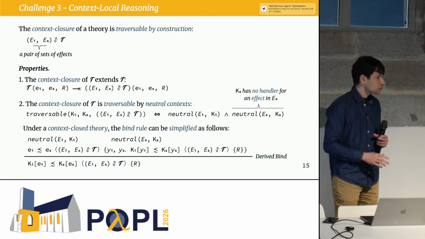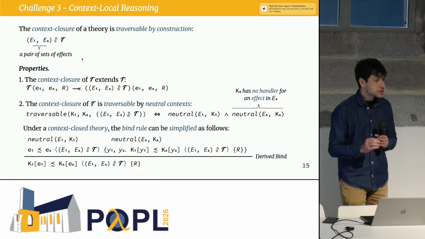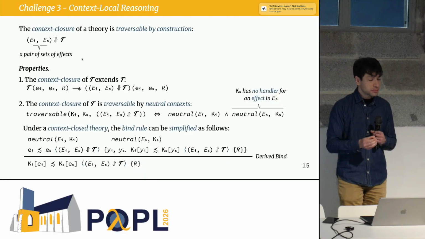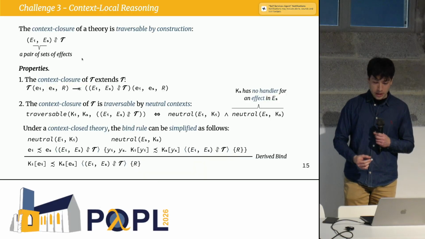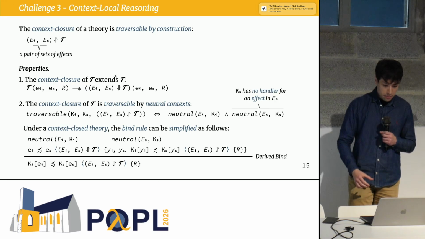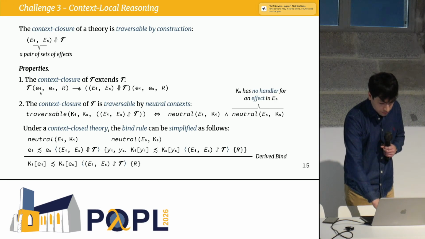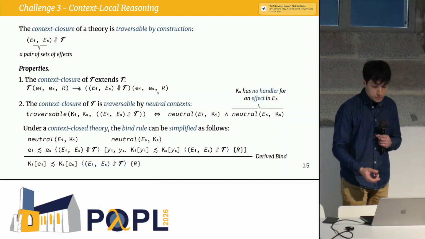Again, I'm not going to give the definition of what a context closure of a theory is, but I'm going to characterize it through two properties. The first property is that the context closure of a theory extends the theory, meaning that every refinement that's valid and admitted in the original theory is also admitted in the context closure.